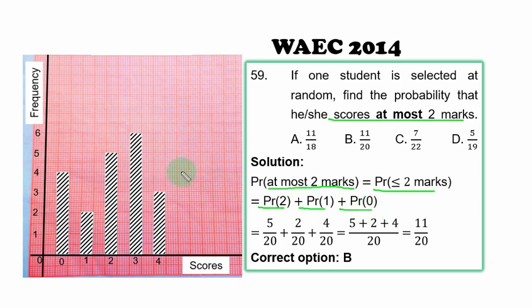From the given bar chart, those that score 2 marks are 5 over the total of 20 students, plus those that score 1 mark, they are 2 over 20, plus those that scored 0, they are 4 over 20. You have this result, 11 over 20. The correct option is B.